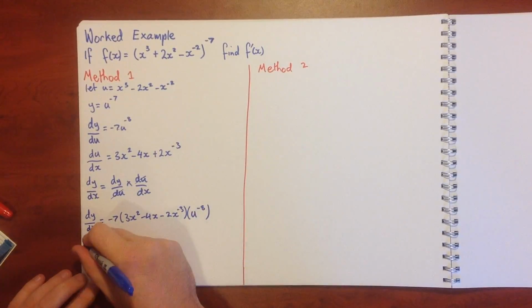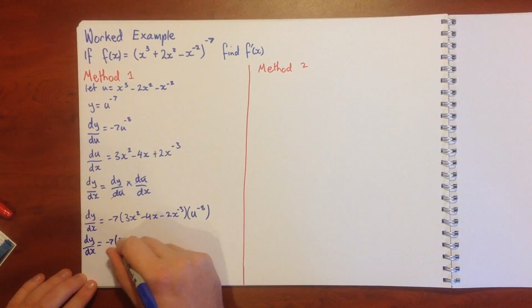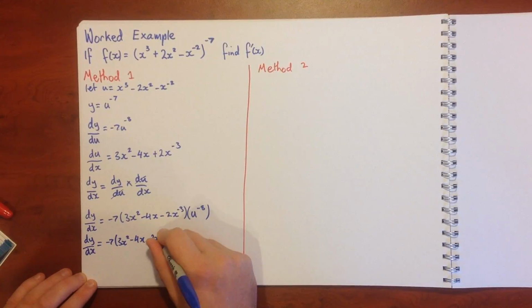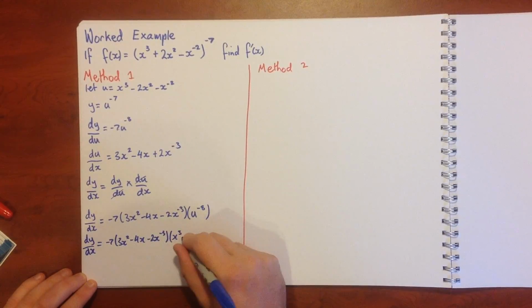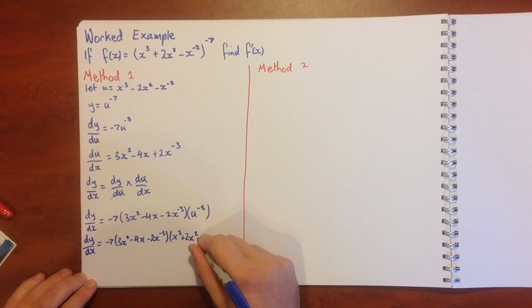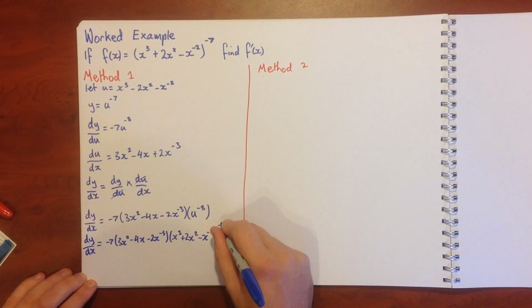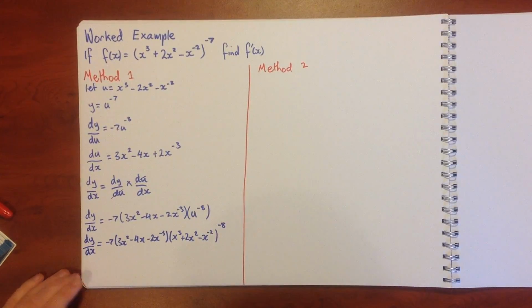Then we sub our u back in, so dy dx equals negative 7 outside of 3x squared plus 4x plus 2x to the negative 3, times x cubed plus 2x squared take x to the negative 2, to the power of negative 8, because we have negative 8 there. And we've got our derivative. If you wanted to, you could multiply the negative 7 through here, but it's not going to make a huge amount of difference, so I'm not going to worry about that.